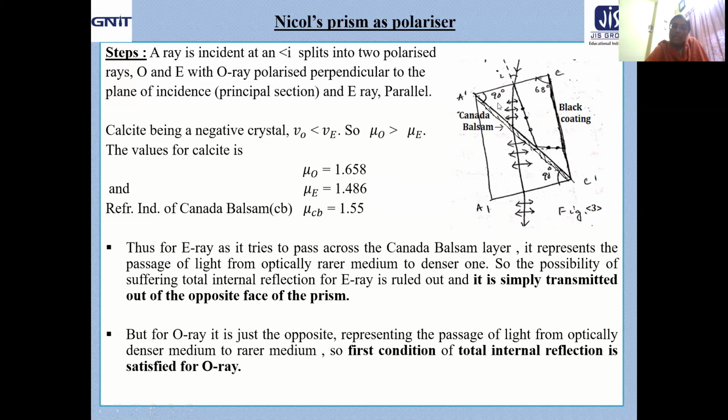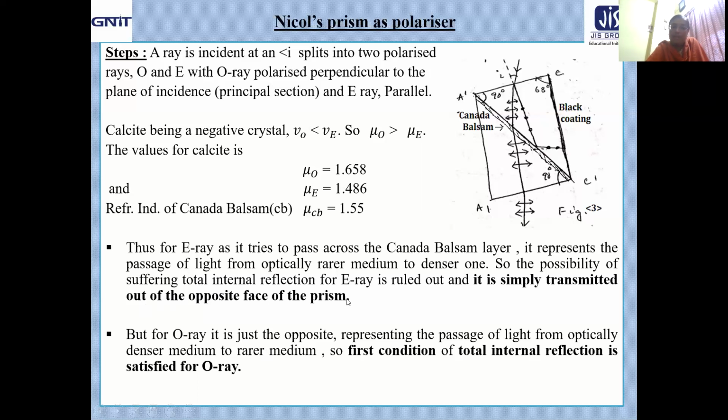That means the possibility of total internal reflection is ruled out for the E ray, and it is simply transmitted out of the opposite face of the prism. Now, what about the case for the O ray?